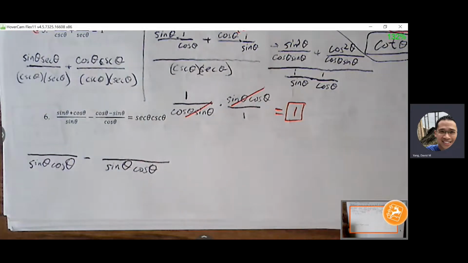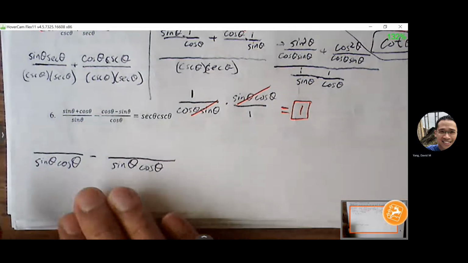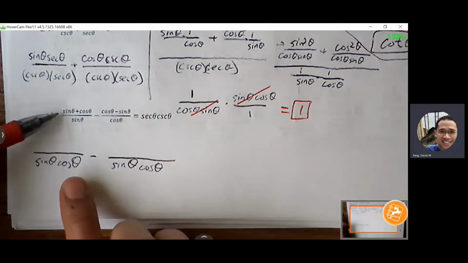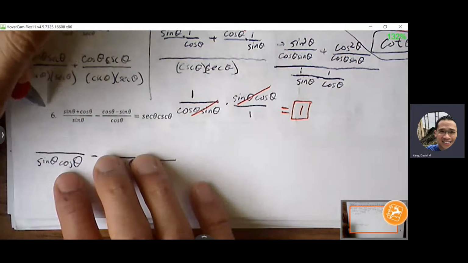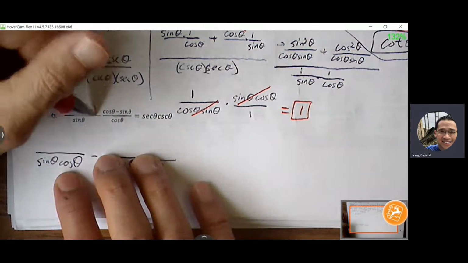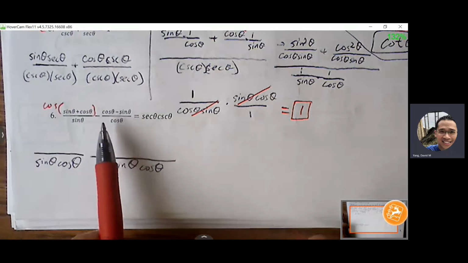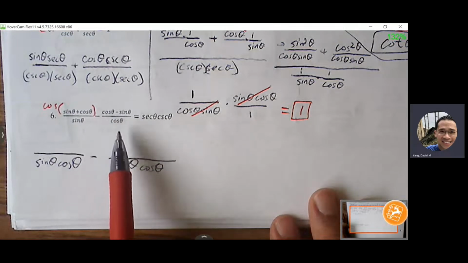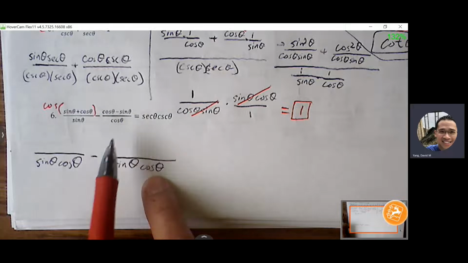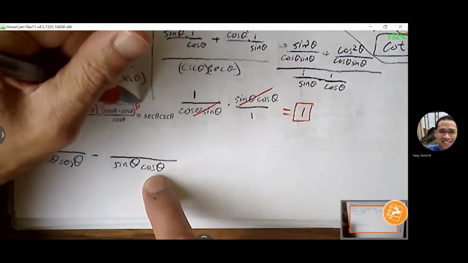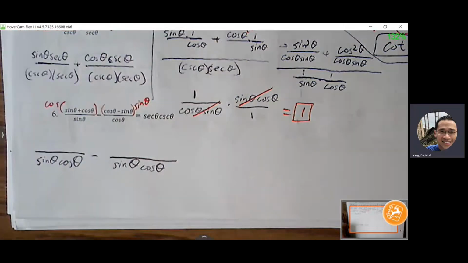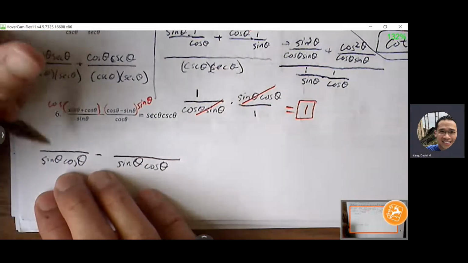Go through our balancing step. Numerator is missing, I'm sorry, denominator is missing a cosine. So I need to distribute a cosine through. Second fraction looks like it's missing a sine. So I'll multiply a sine through. Okay, so let me write that out here.